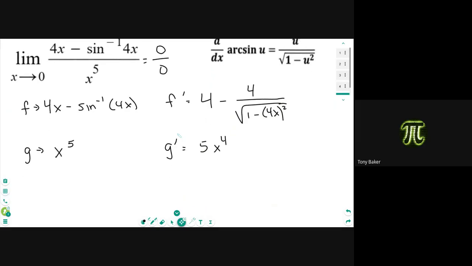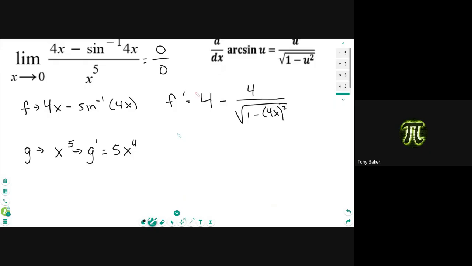All right, so this one does not come out as nice and clean as the other ones. I'm going to move this one over here. So if you plug in 0 to this, what do you get? We still get 0, right?